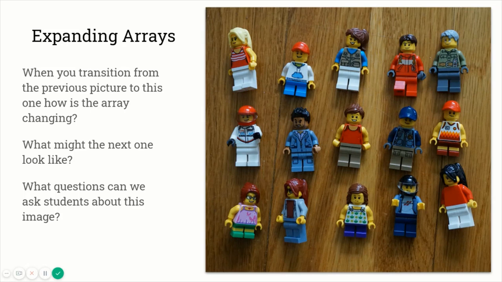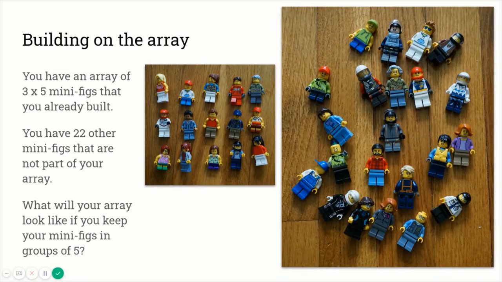So we want to think about that and ask students questions that they can come up with on their own about this particular array. If we continue to build on that array, what does that look like? So right now we have an array of 3 by 5 minifigs that is built from before, or we could have 5 by 3. But in this case, we're going to keep it as 3 by 5.